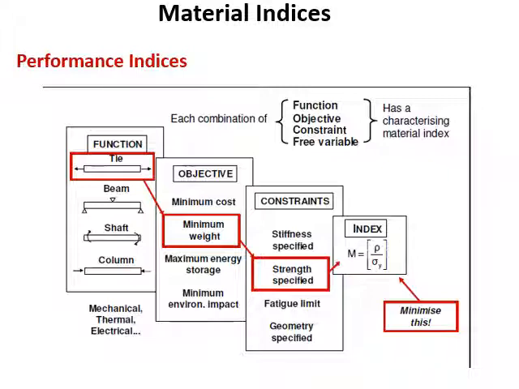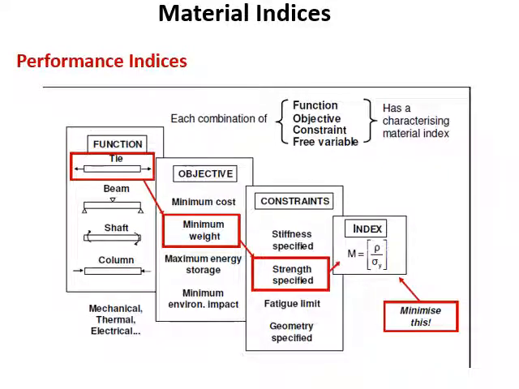In the case of the function for the tie in this figure, it relates to the tensile strength or yield strength. The objective is to minimize weight, so you will need to use the density in the index. Then the constraint will be the specified strength.